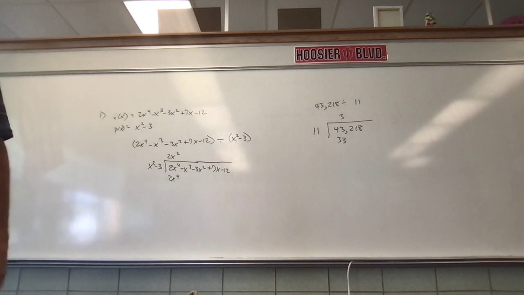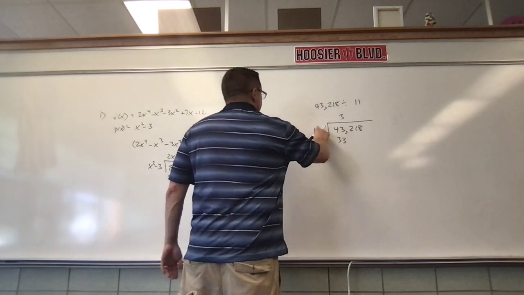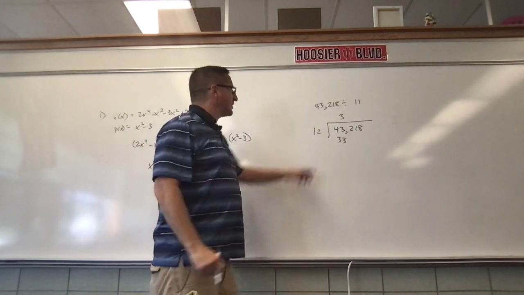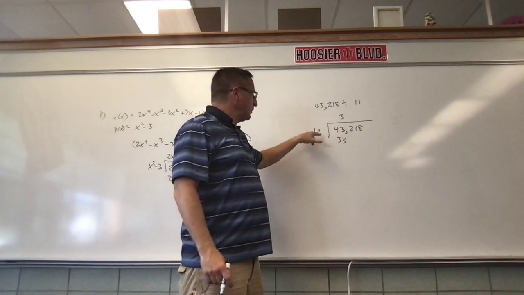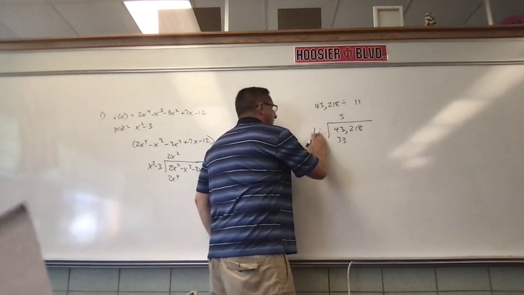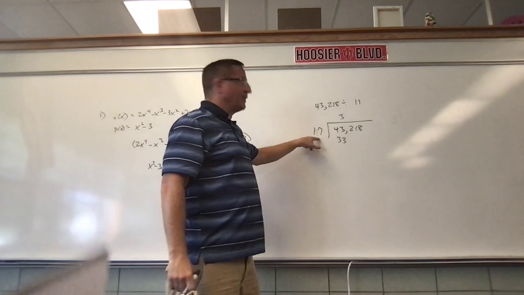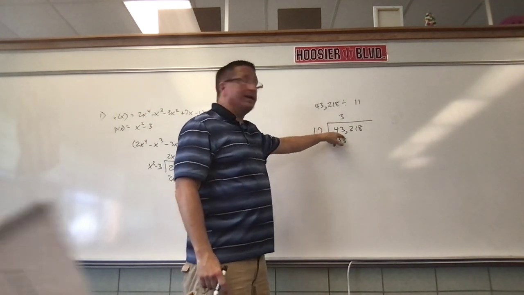Well, here's the deal, okay? I want to say this. If this was a 12, you still would have said 3 because 12 goes into 43. So you did use, if this was a 17, you would not put a 3 right there because 17 times 3 is too big.